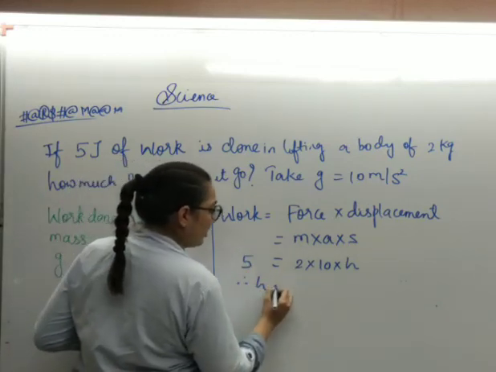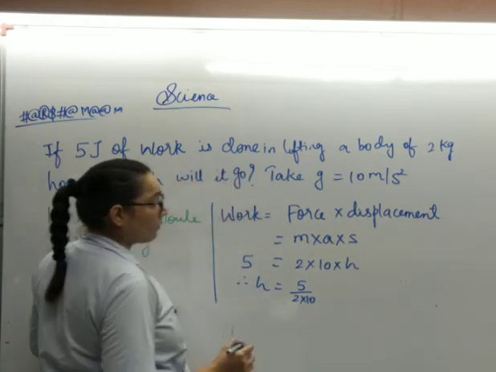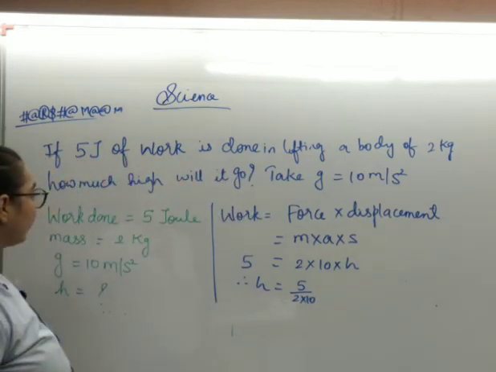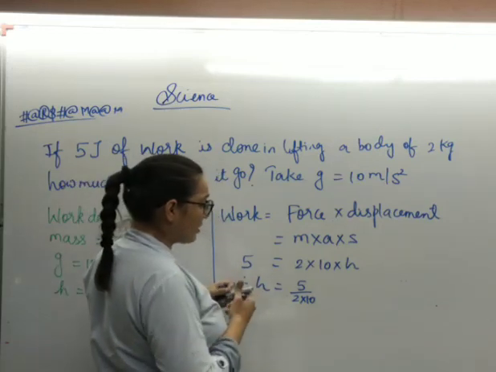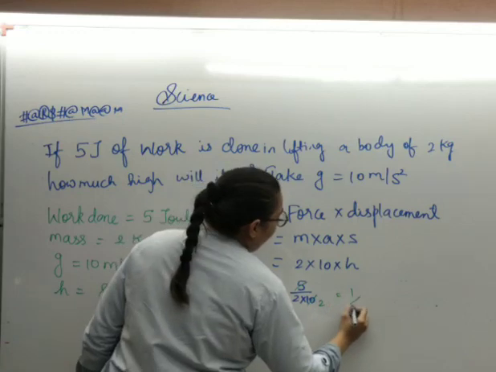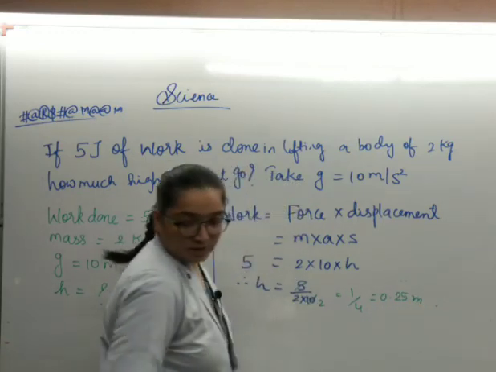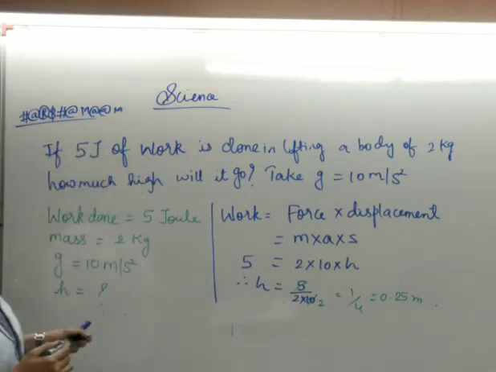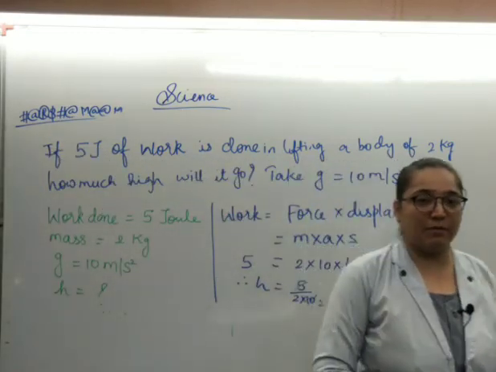So H is equal to 5 upon 2 into 10. Height is 1 upon 4, that is 0.25 meter. This is how you get the height as 0.25 meter.